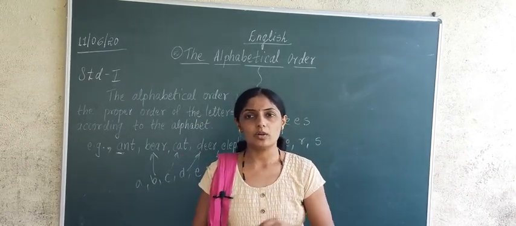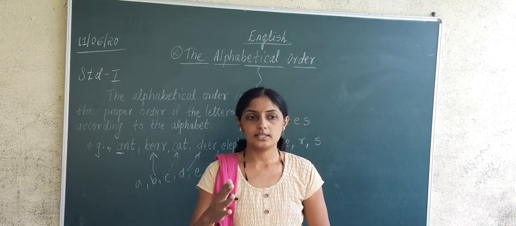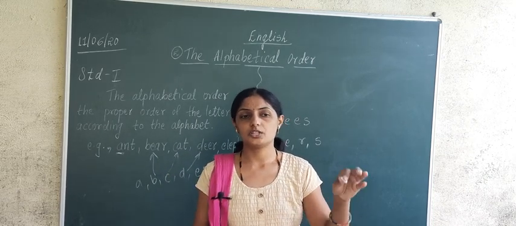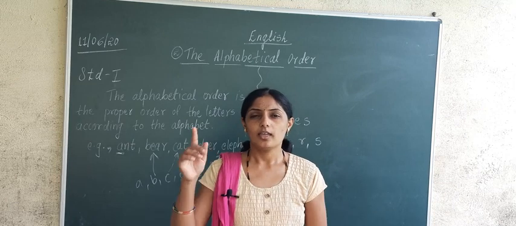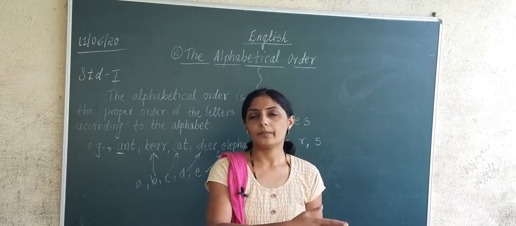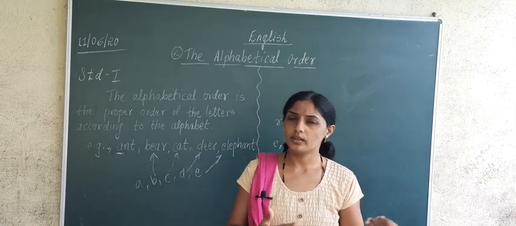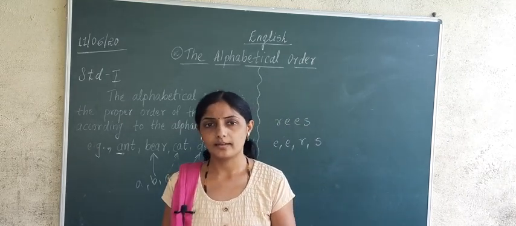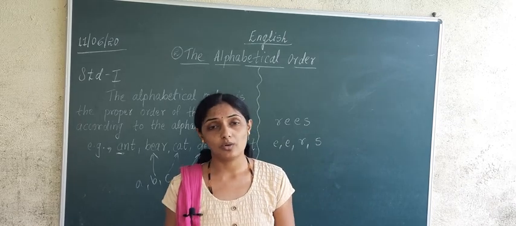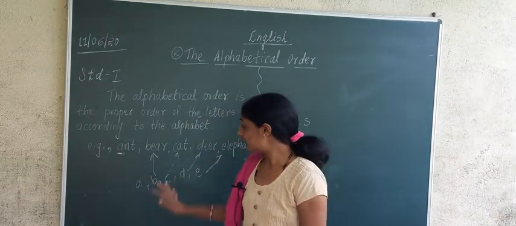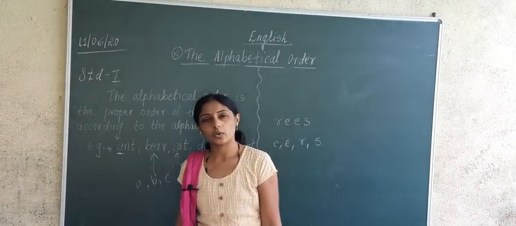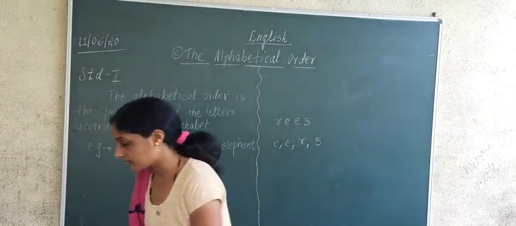Now which is that order? A, B, C, D, E, F, G, H, I, J, K, L, M, N, O, P, Q, R, S, T, U, V, W, X, Y, Z. This is the order of alphabets, and this order of alphabets we are going to study in today's lesson.